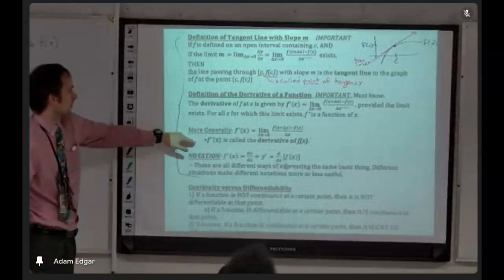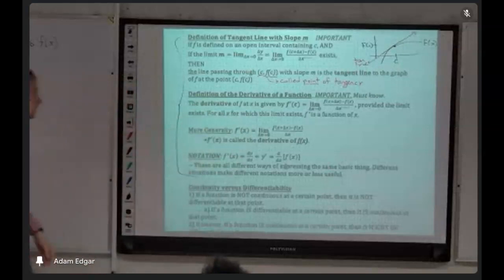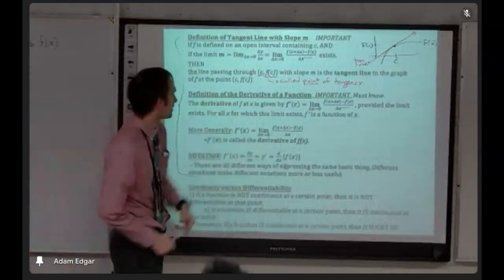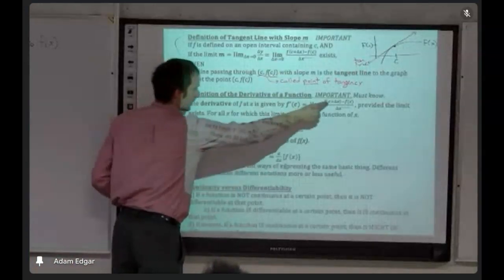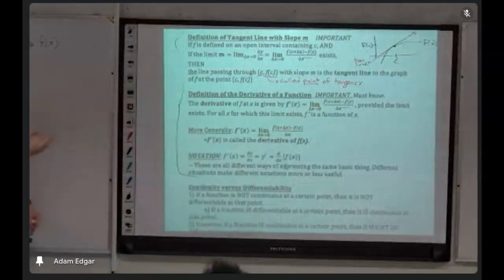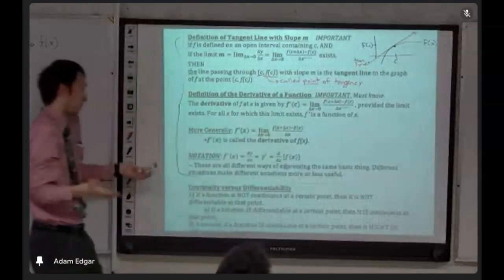For this third thing here, where it says more generally, f prime of x is the derivative of f, and that formula for that limit is the same thing as these other ones, except now we're replacing c. C is a specific value, so c could be 5, c could be 3, c could be 1, but c is always a number given to you in a problem, the x-coordinate of your point of tangency. Here we're replacing c with just a generic x, your variable x.